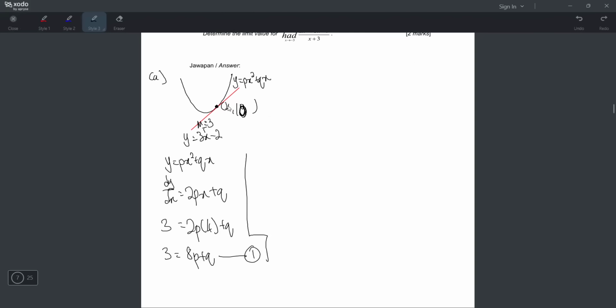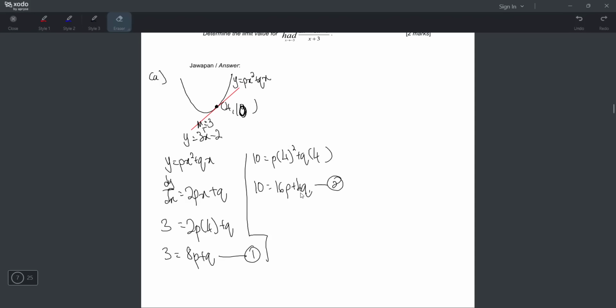The reason you can sub in like that is because this point passes through the curve also. When the point passes through, you can ganti masuk macam tu. So you end up with 10 equals 16p plus 4q. That's equation 2. Now you can take these two equations and do simultaneous.